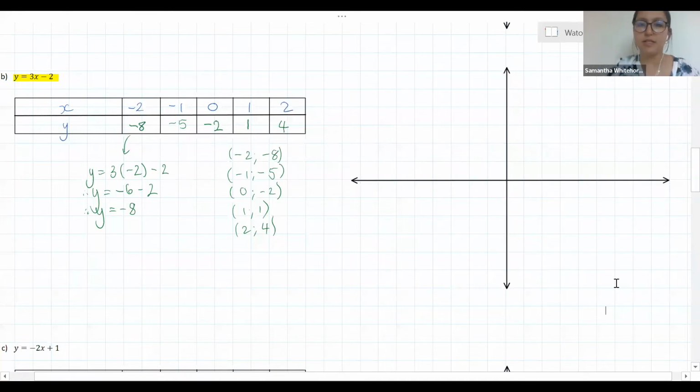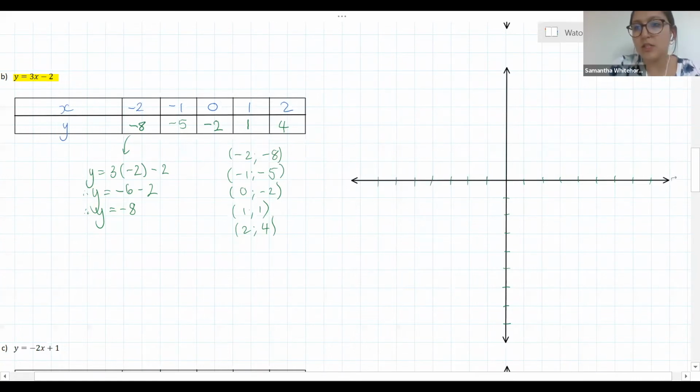Right, so let's plot these points. 1, 2, 3, 4, 5, 6, 7, 8, 4, 5. Guys, do you see how well I'm doing here? Three, 6. Hopefully you're doing better than me with your axes tonight.